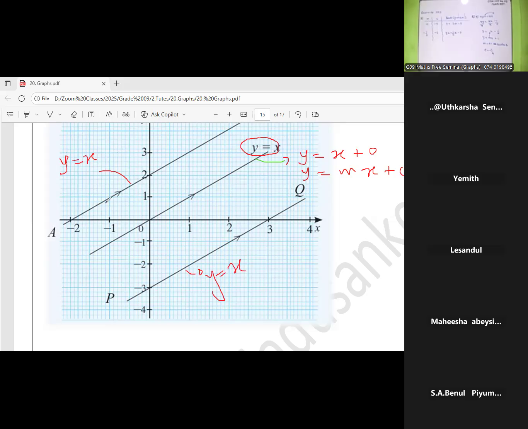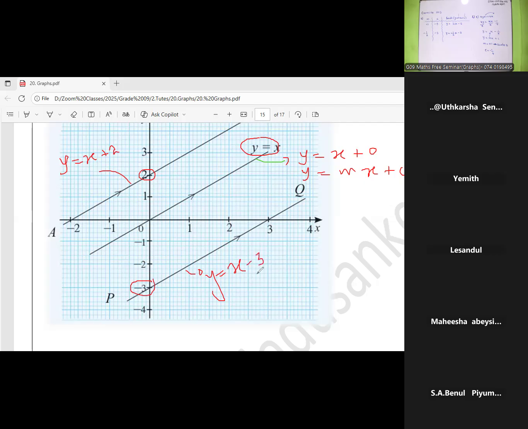The AB line goes through the y-axis at positive 2, so this becomes positive 2. And the PQ line goes through the y-axis at minus 3, so y equals x minus 3.